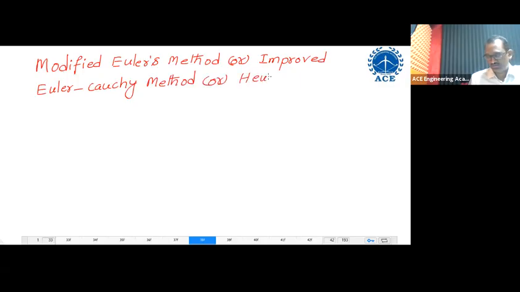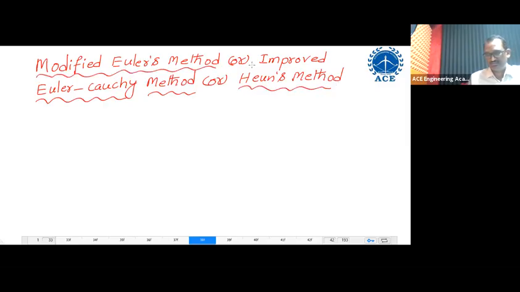Also called Heun's method. Write down. We have different methods to find the solution of the first order differential equation. One is Taylor series method, previous one is Euler's method, this is modified Euler's method.